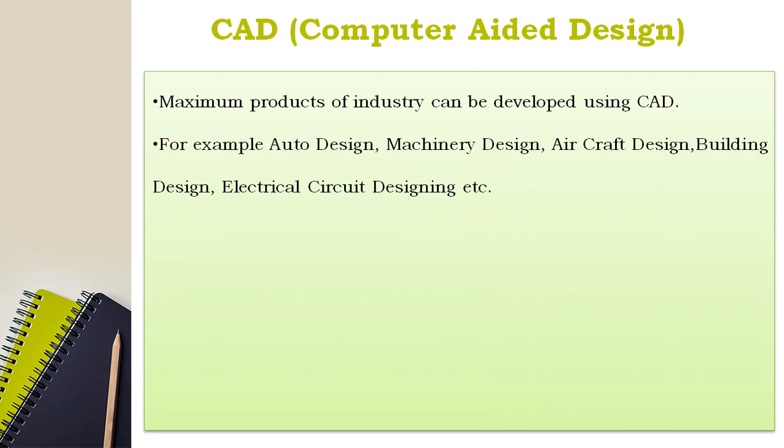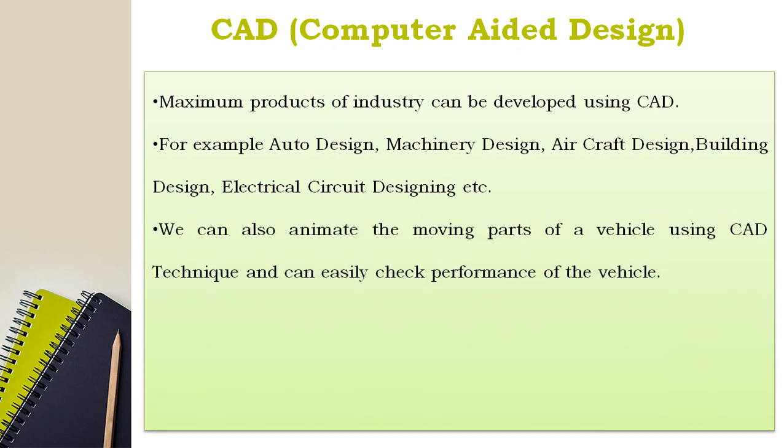For example, auto design, machinery design, aircraft design, building design, electrical circuit designing, etc. We can also animate the moving parts of a vehicle using CAD technique and can easily check performance of the vehicle. In this way, we can develop better vehicles.